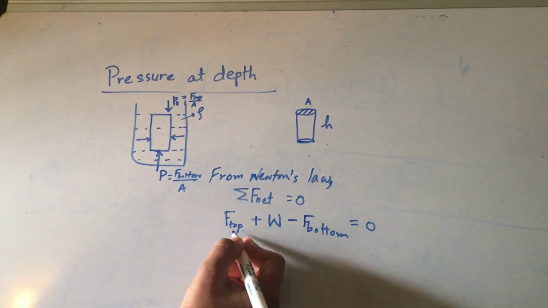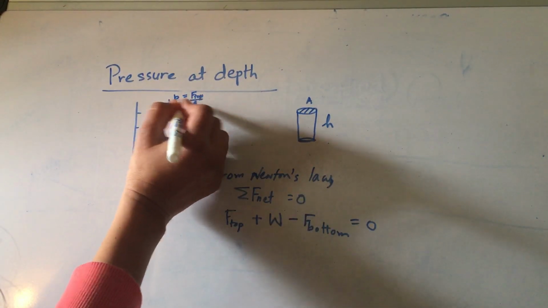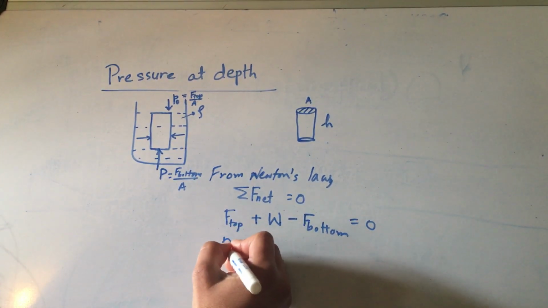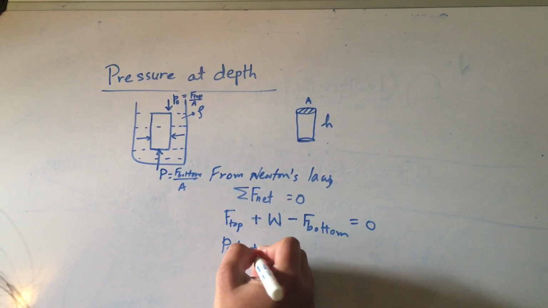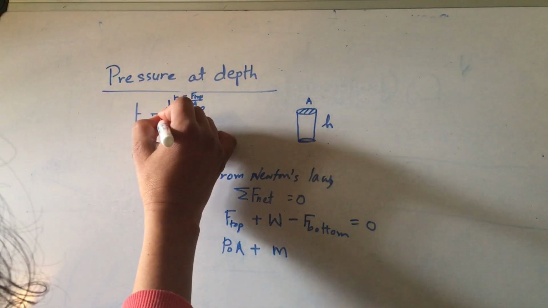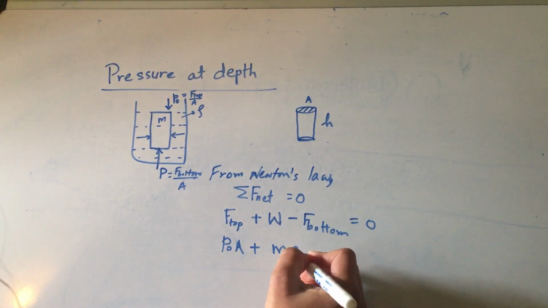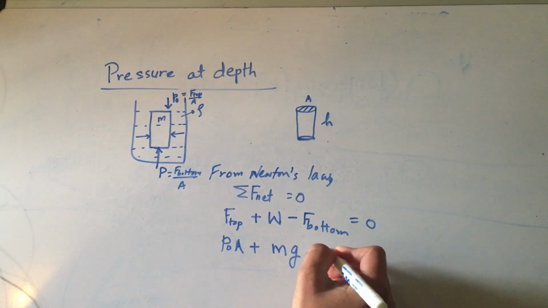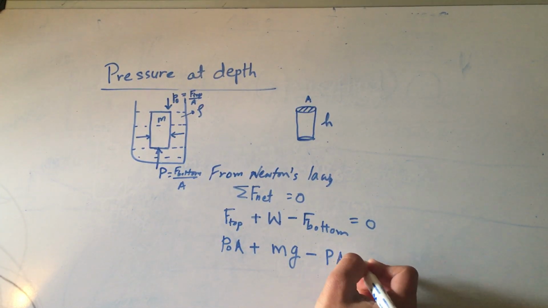Now F top we can write as P naught times A. So we get P naught times A plus the weight force, which is mass M times gravity, minus F bottom, which is P times A, equal to 0.